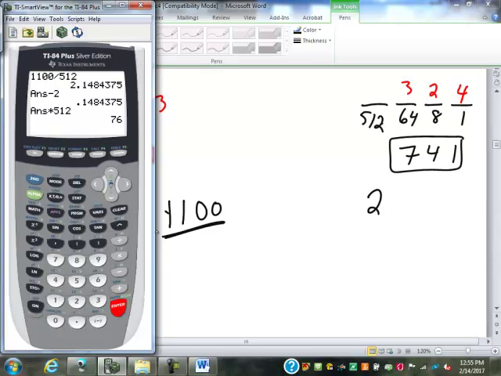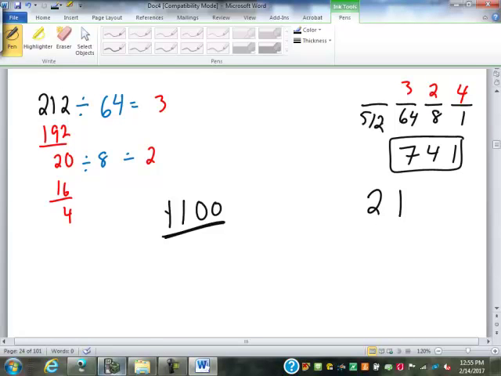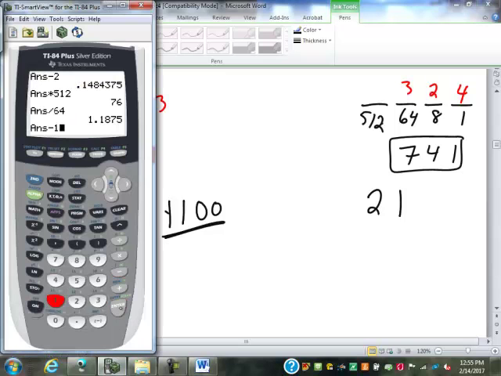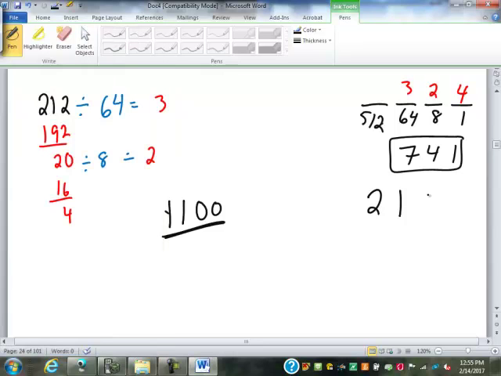So it's 76. So I take out the 64. That's 1. So I'm going to subtract off the 1 and multiply back by 64. 12. Now at this point, I can take 8 out of there once and there'll be 4 left over. So 2114.